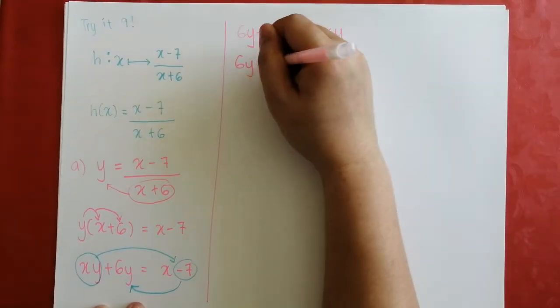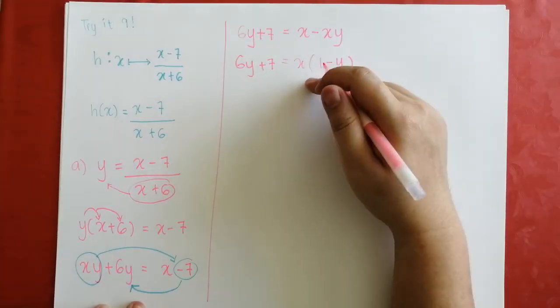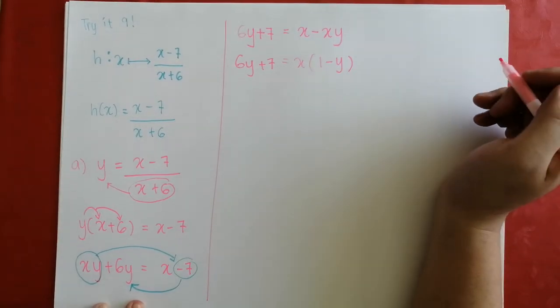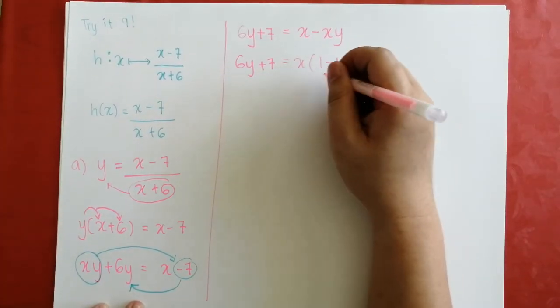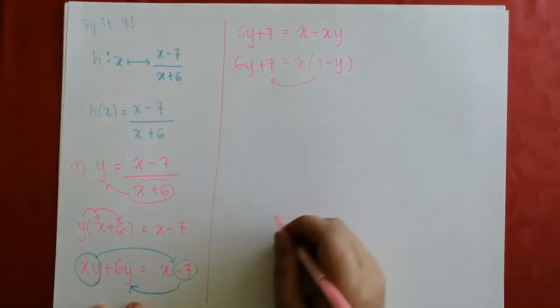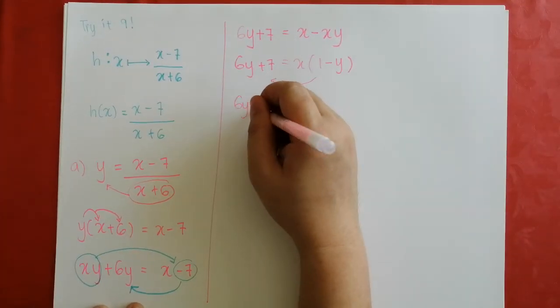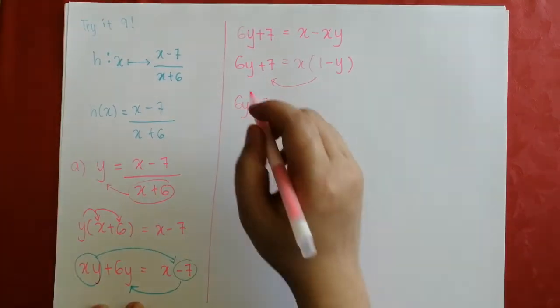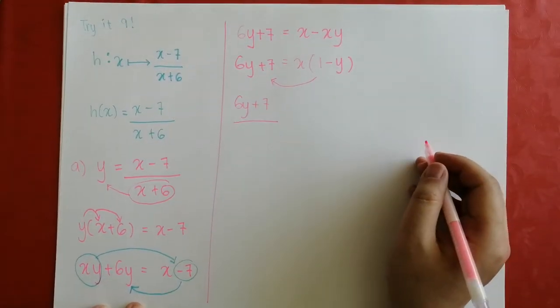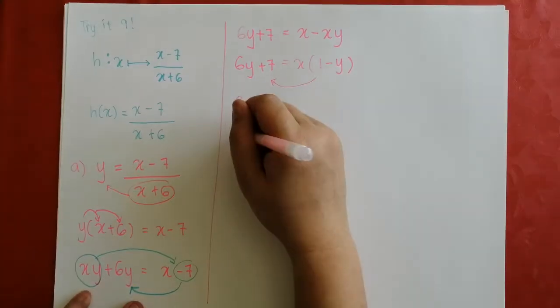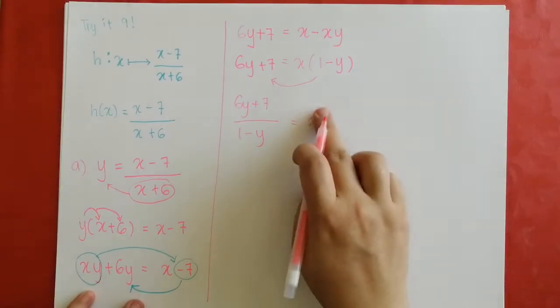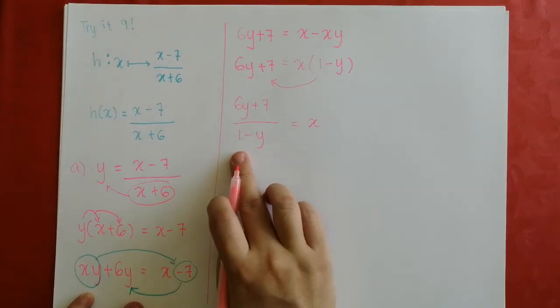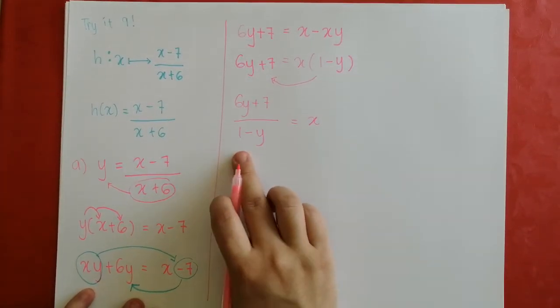So you got 6y plus 7 equals x bracket 1 minus y. Our objective is to make x the subject, so we move 1 minus y to the other side. So you have 6y plus 7. Bracket means multiply, so now bring it to the opposite side. So we divide by 1 minus y equals x. So you have made x the subject, and on the other side there's no x.